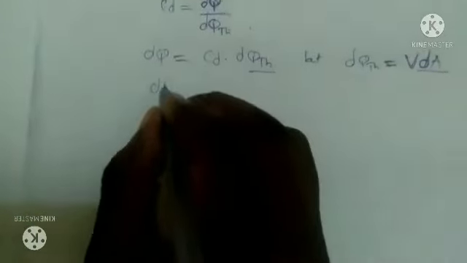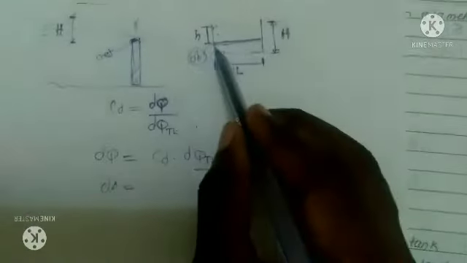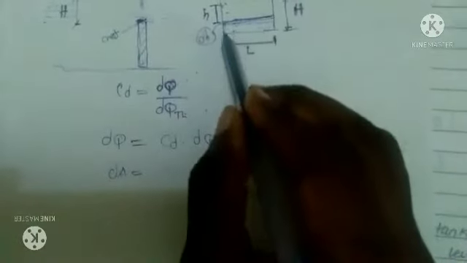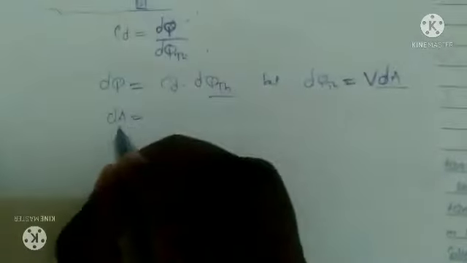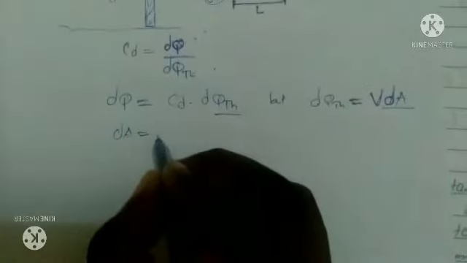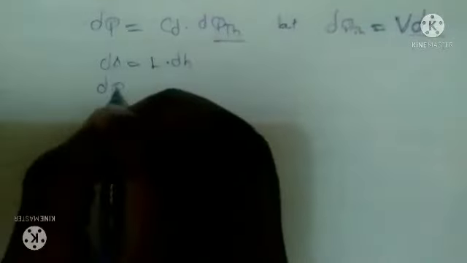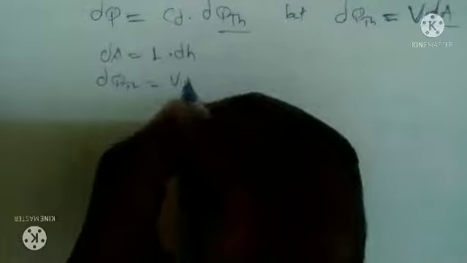To get the area of that small strip, you see the small strip has its length L times its thickness dh. So the dA for that horizontal strip will be L times dh. I hope we are together up to now. So to get the dQ theoretical, it would be velocity times L times dh.